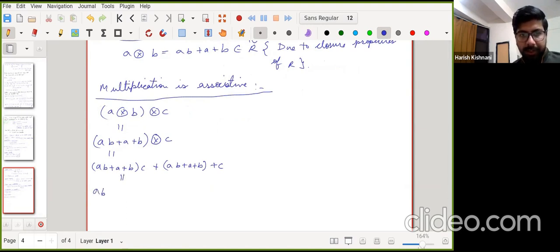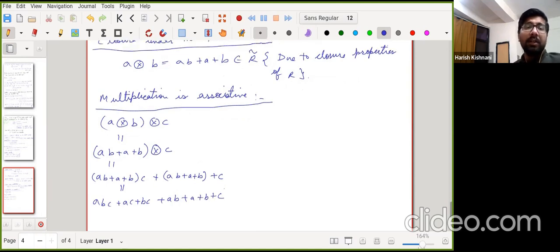So it's ABC plus AC plus BC plus AB plus A plus B plus C. So this is what we will get if we are multiplying the outcome of the product of A and B with C.